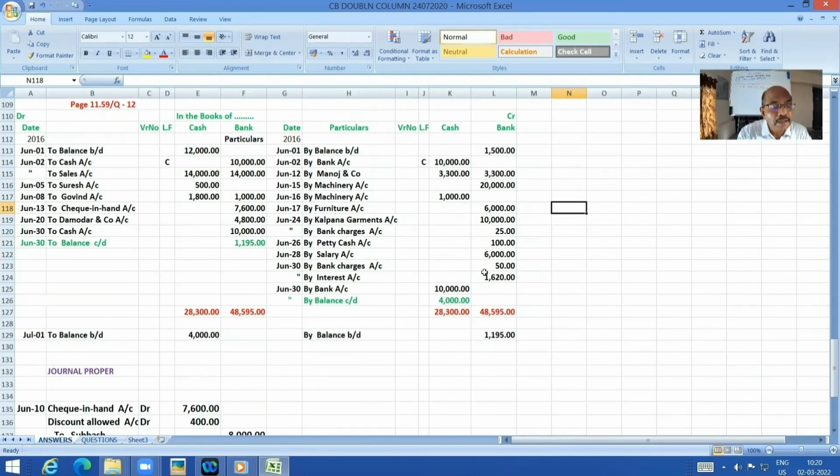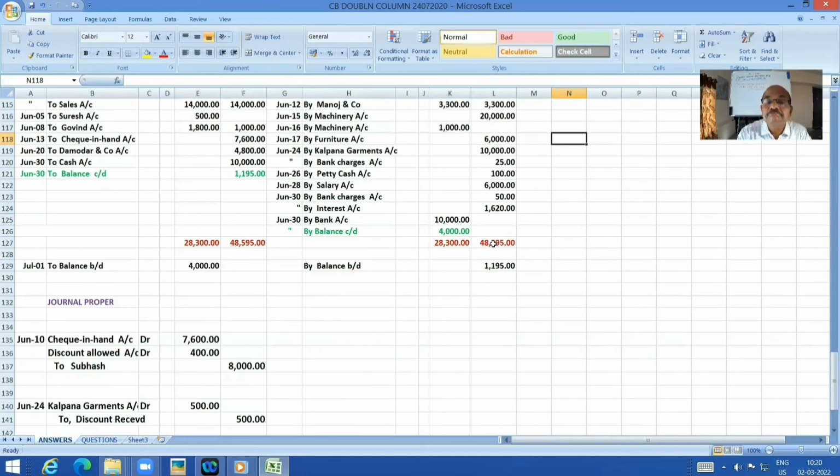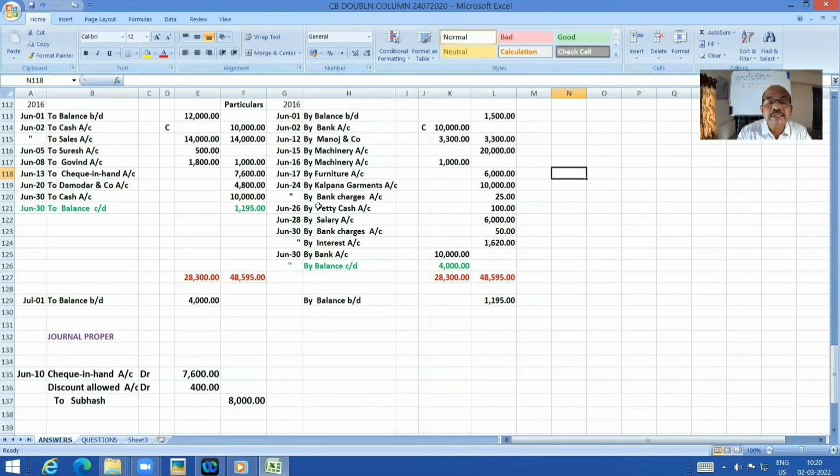And I have incurred bank charges of 25 rupees. You know that if you obtain a demand draft, the bank may take some commission or bank charges. That's also an expenditure for us. That will be separately booked under bank charges. And the party to whom it has been paid has been booked with that, Kalpana Garments, 10,000. Okay, fine.